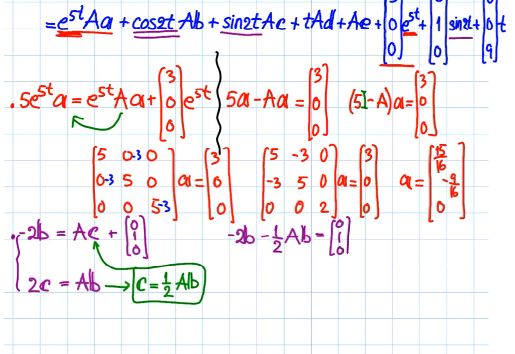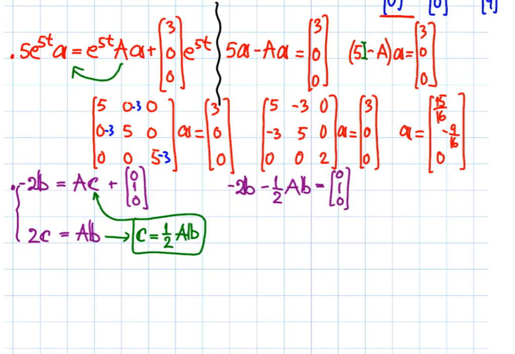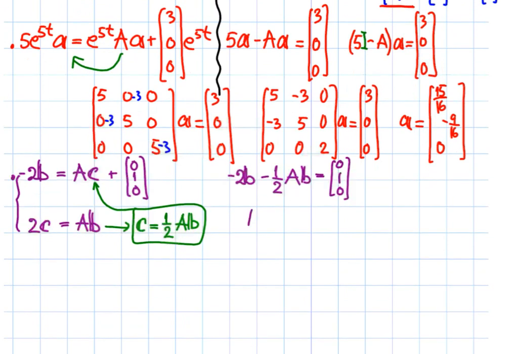Again, if we factor out B, we have to put the identity matrix there. So that will give us (-2 times the identity matrix minus 1/2 matrix A) times B equal to 0, 1, 0. To save time, I'll just go ahead and say the matrix B.